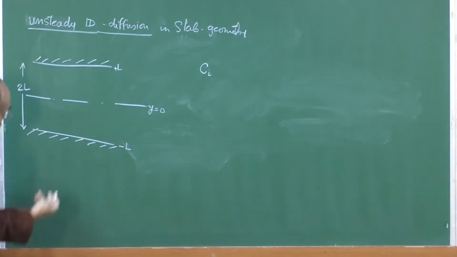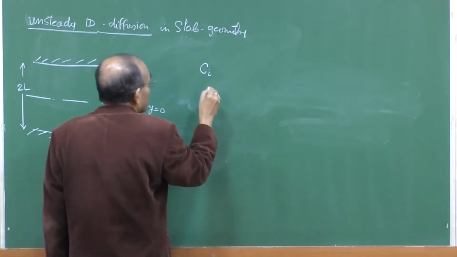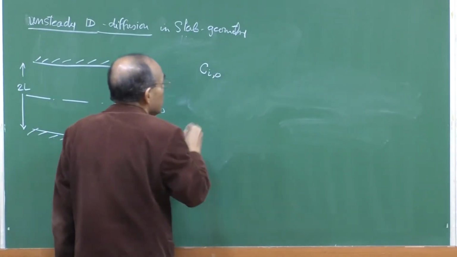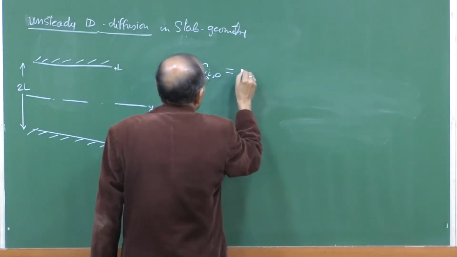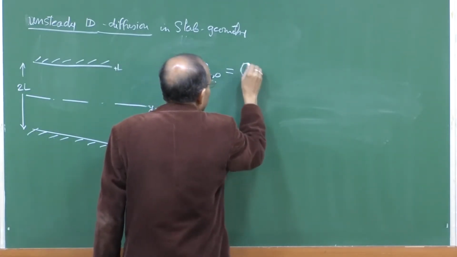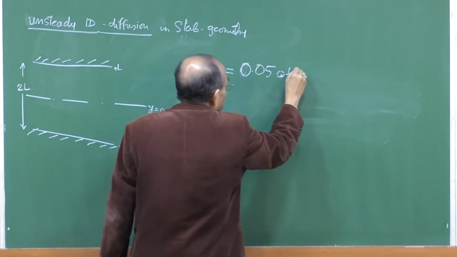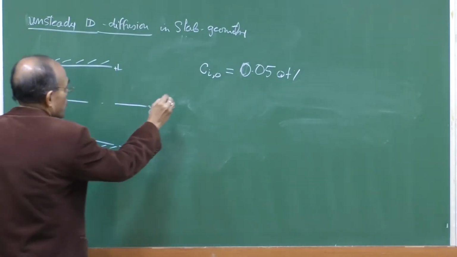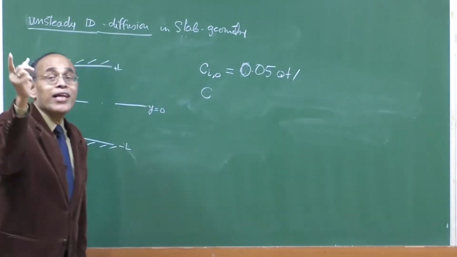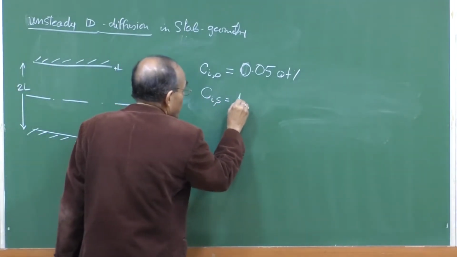So, this is a solid through which a solute is diffusing, and that is the species I. So, C of I at 0 is equal to, suppose I give you a value, 0.05 weight percentage. Then the surface concentration, akin to a constant fixed surface temperature, C of I at S is equal to 1 weight percentage.